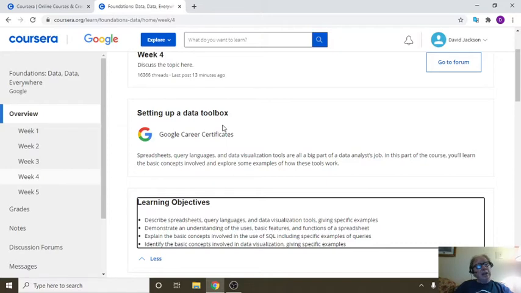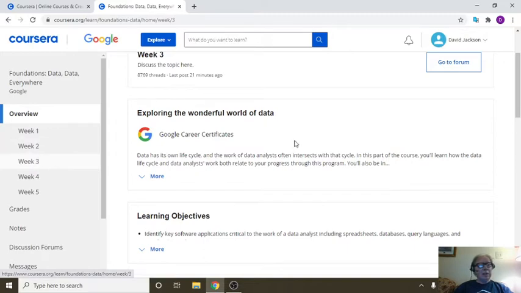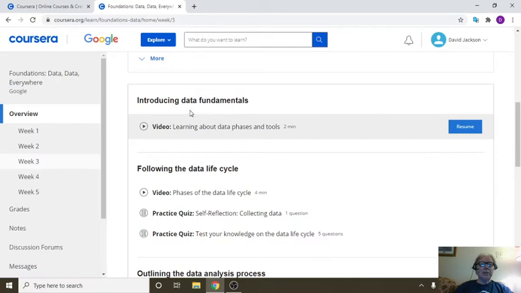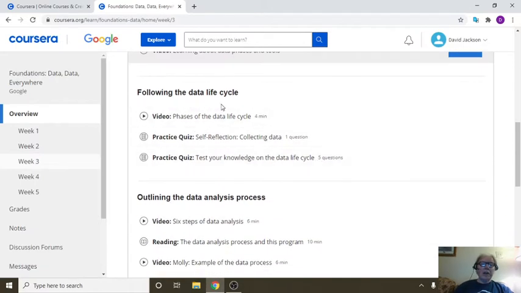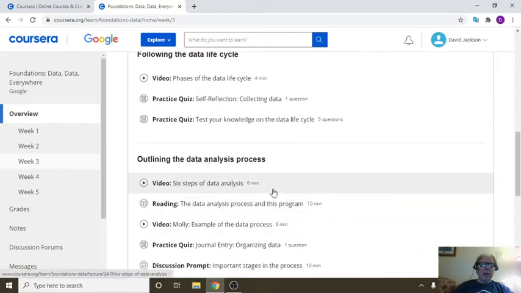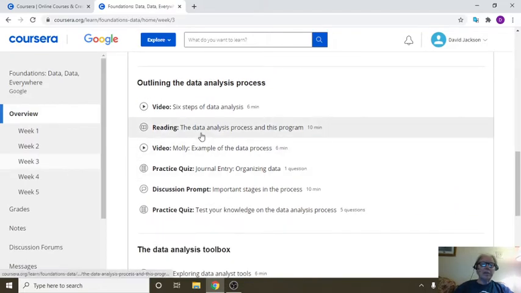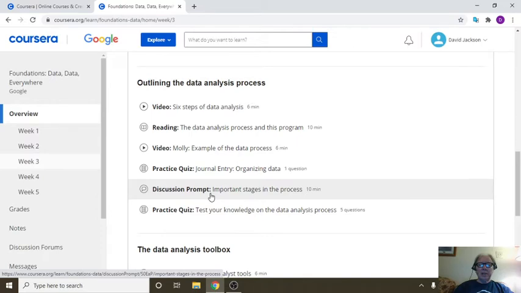Okay, I just want to do a quick look ahead. I'm going to be starting week 3 today. Let's take a quick look and see exactly what this does. Introducing data fundamentals, following the data lifecycle, obtaining the data, outlining the data analysis process, examples of the data process, journal entry, organizing data, important stages in the process, test your knowledge and skill.